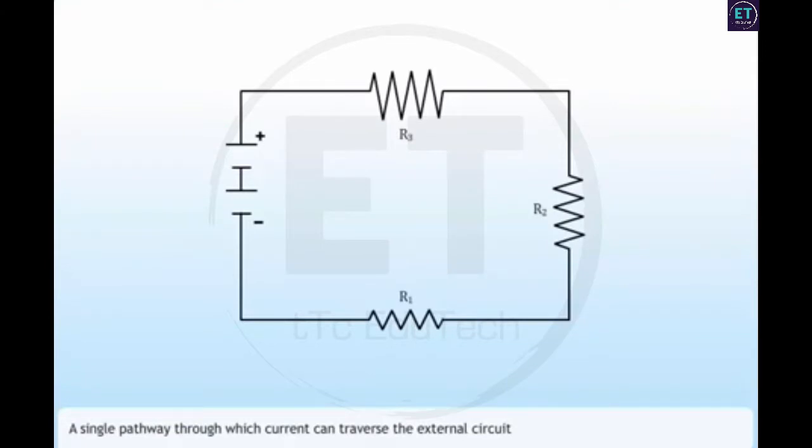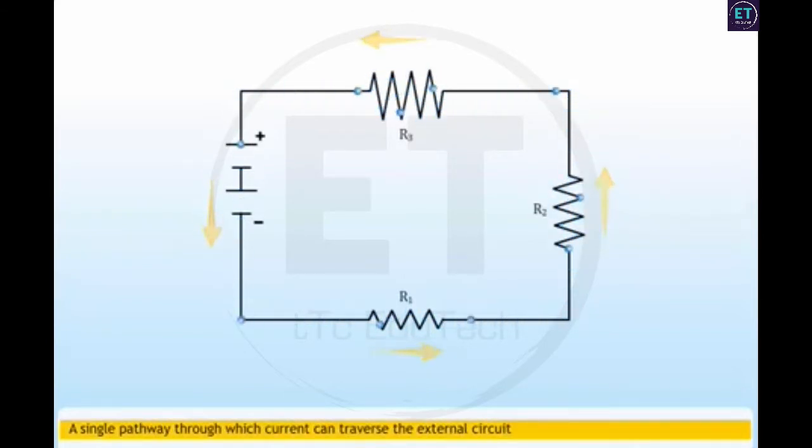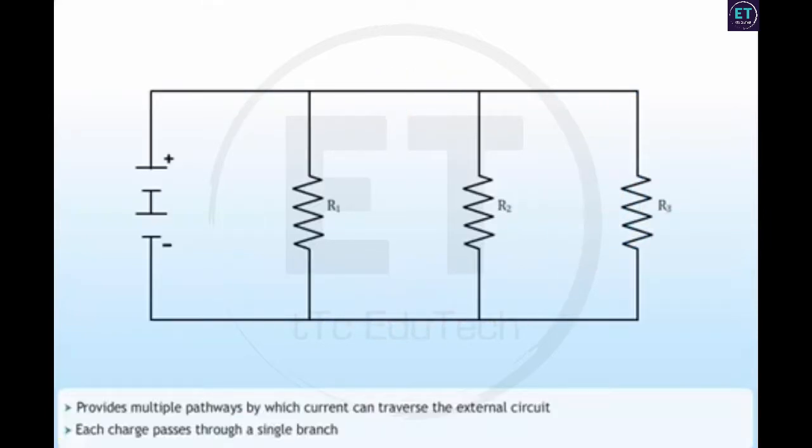In a series circuit, each device is connected such that there is only one pathway through which current can traverse the external circuit. Each charge traversing the loop of the external circuit passes through each resistor consecutively. In a parallel circuit, each resistor is placed in its own separate branch.